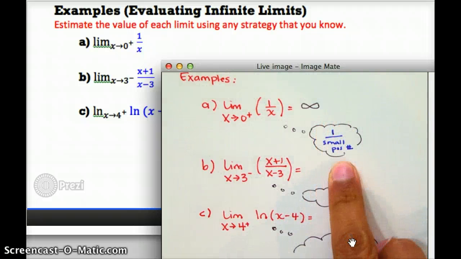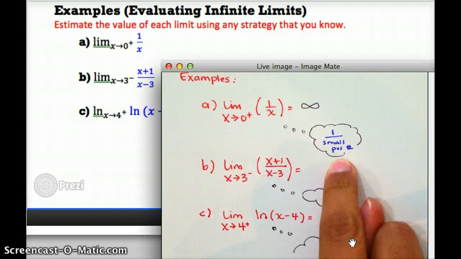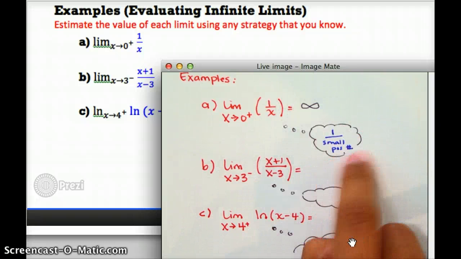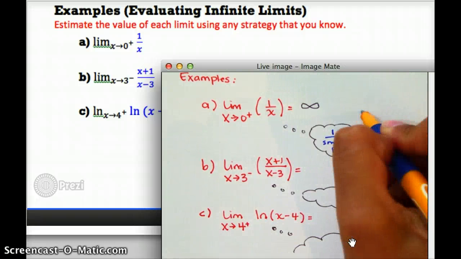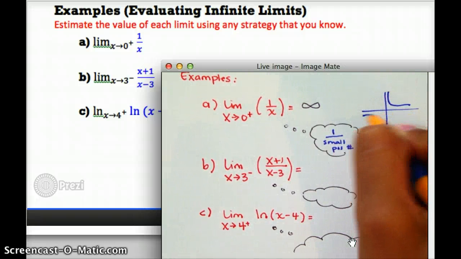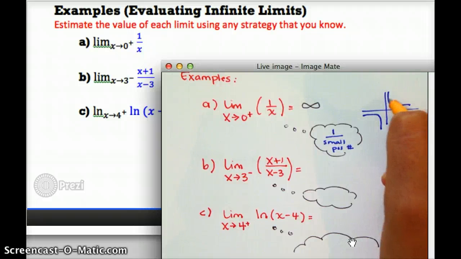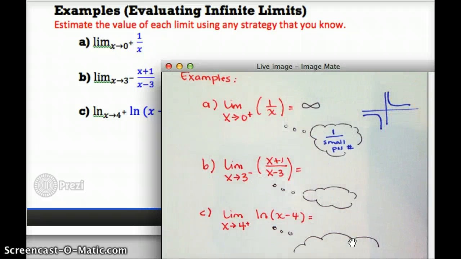And that's the key for positive infinity. We've got a fixed number divided by a tiny decimal that's positive. You could have also seen this from the graph. The graph of 1 over x looks like this. As I approach 0 from the positive side, the y values go all the way up to the top. Any of these three methods works. Make sure that you understand the difference between them.